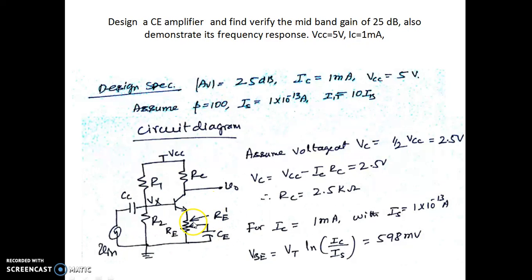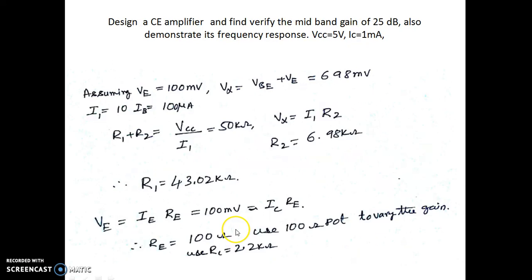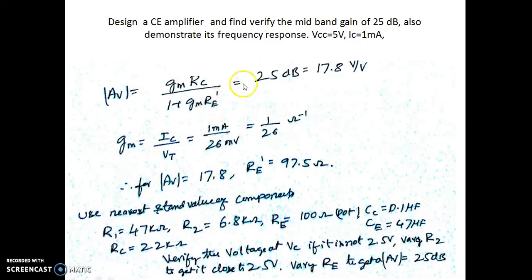This RE dash is that portion of RE, that is the emitter resistor, which is not bypassed. So in the expression for the AV, it is gm into RC divided by 1 plus gm into RE dash. RE dash is the value of the emitter resistance which is not bypassed by the emitter bypass capacitor. So that's what this RE dash is.